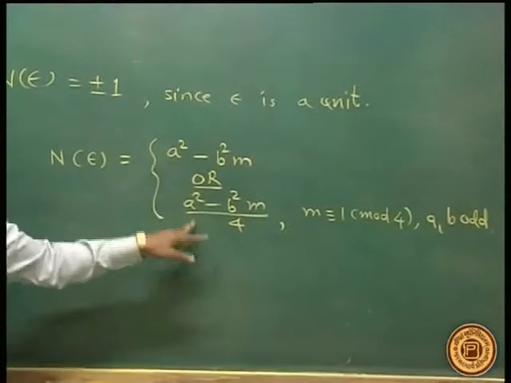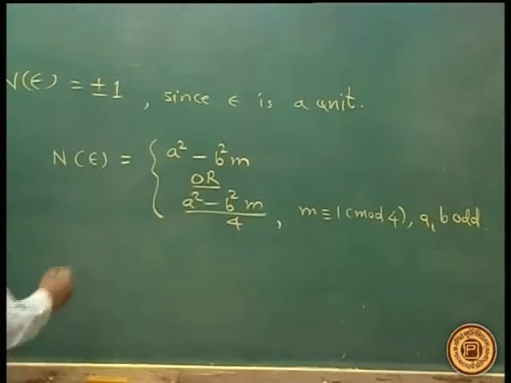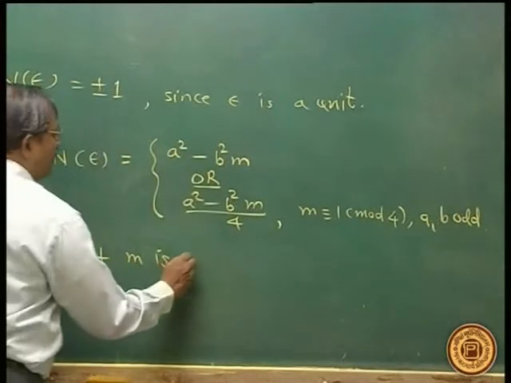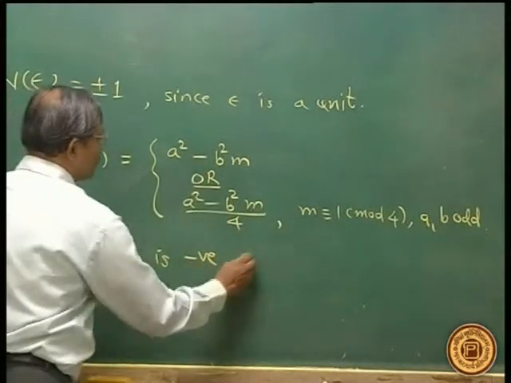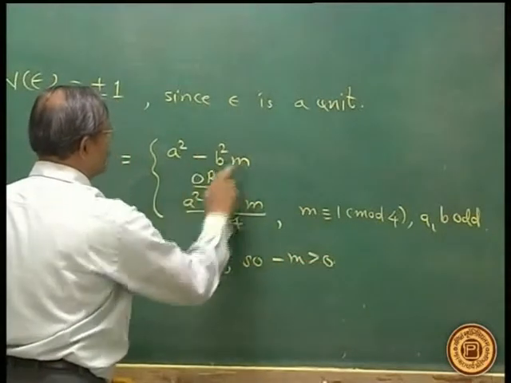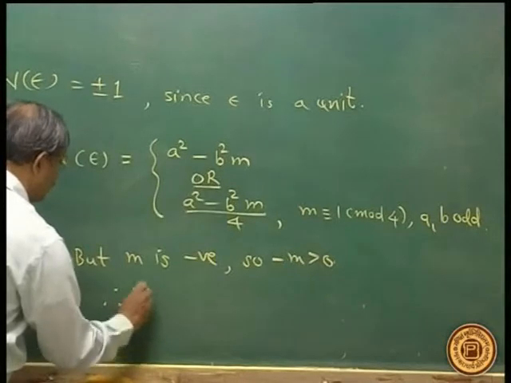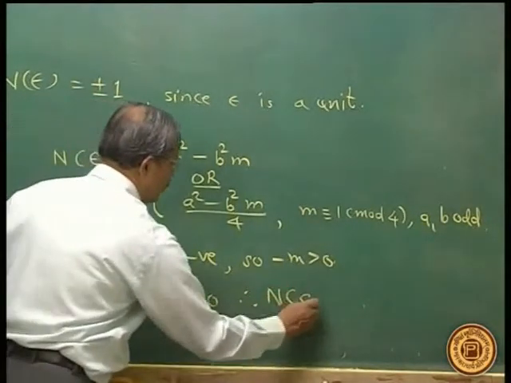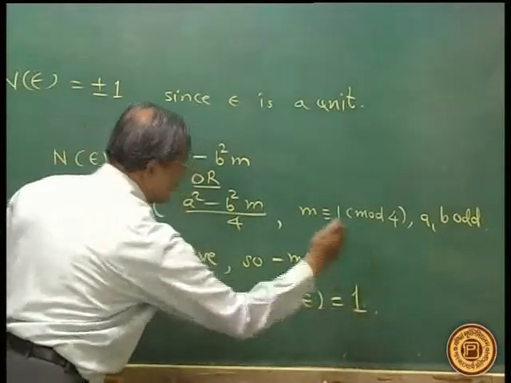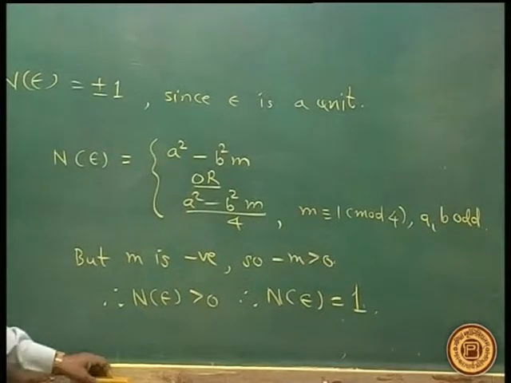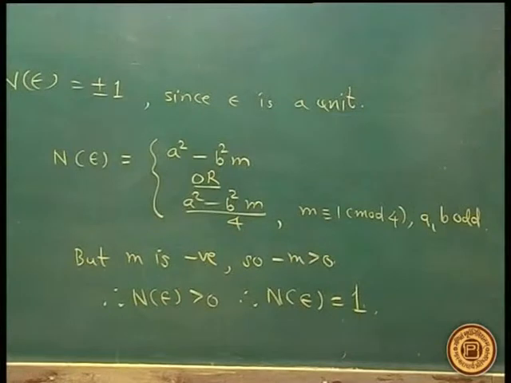These are the possibilities for the norm, but m is negative, so minus m is positive. You see that this is positive, therefore norm of epsilon is positive, and therefore norm of epsilon is equal to 1 only. It cannot be minus 1. Norm cannot be minus 1 in this case when m is negative.